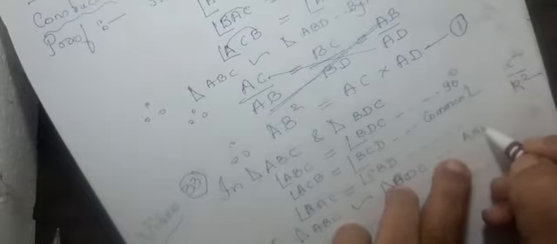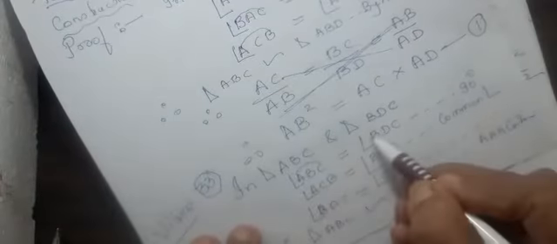By AAA criteria. Therefore what will be the ratio? Just like this we will be getting now: AC by BC, AB by BD, then BC by CD. I will write this on the other page. For a minute I will bring on the page.